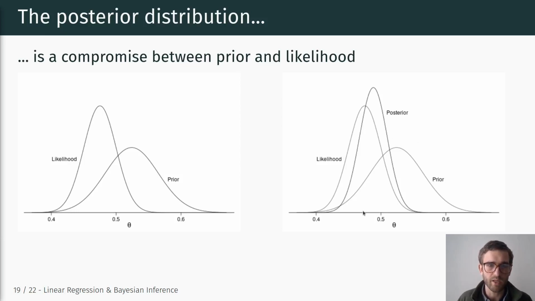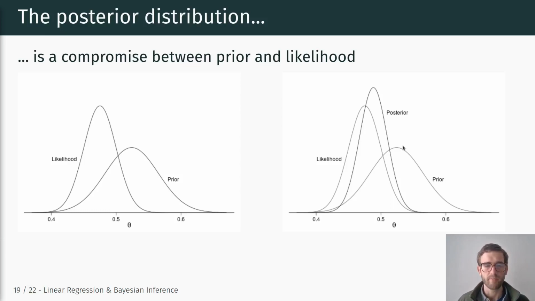So while our maximum likelihood estimate here would be theta being 0.475 or something like that, we have a prior with a mode of around 0.5, something larger than 0.5, and then we have our posterior, where the posterior mode is somewhere between the likelihood and the prior. Okay, so it is a compromise between the prior and the likelihood.